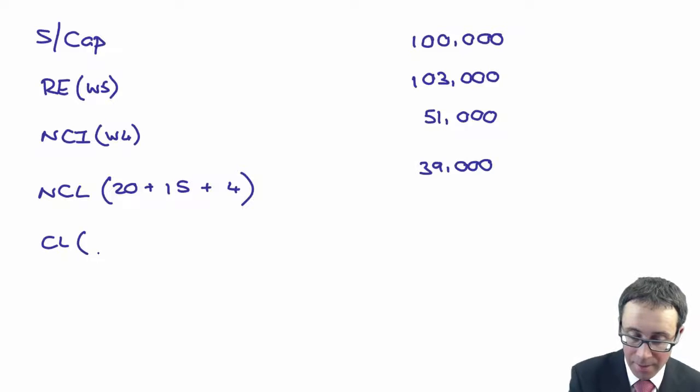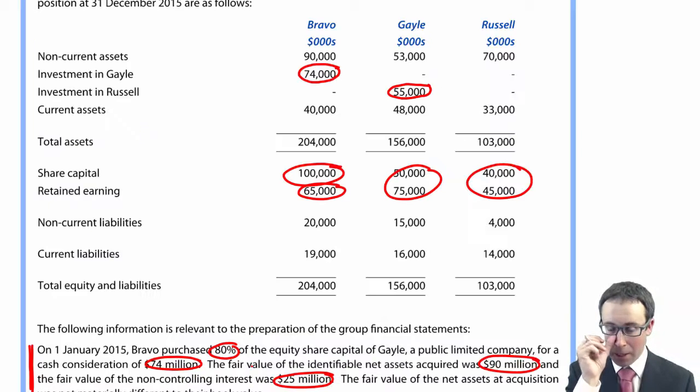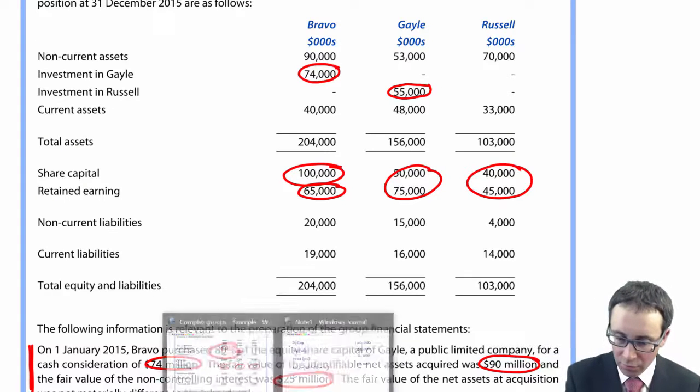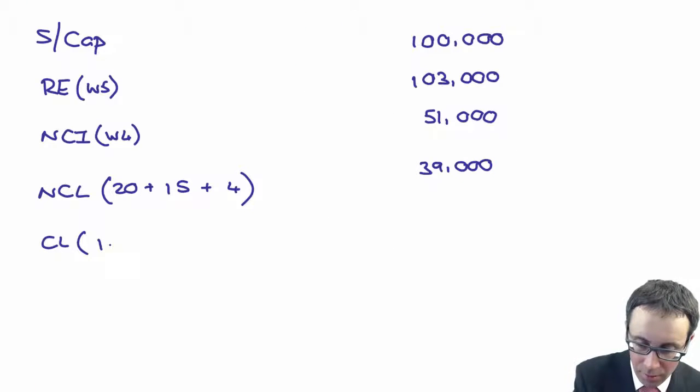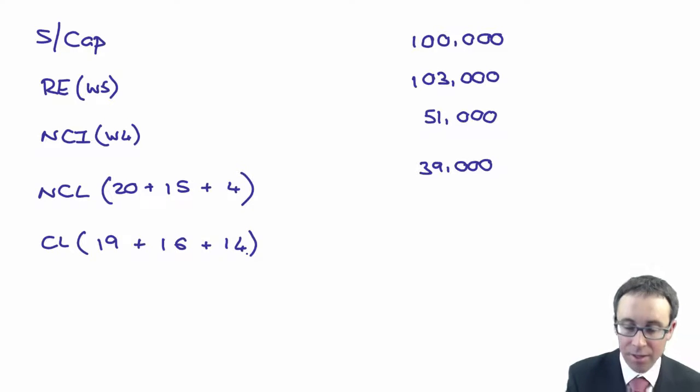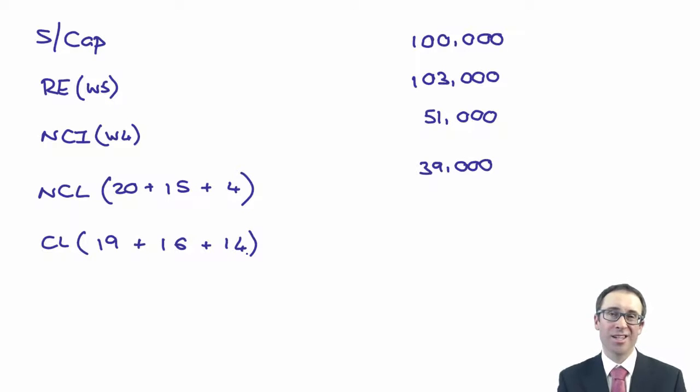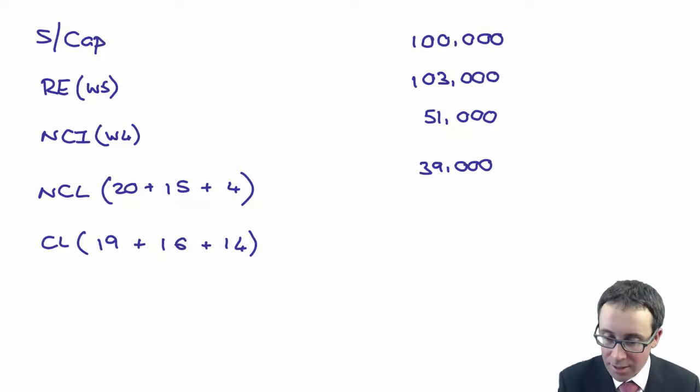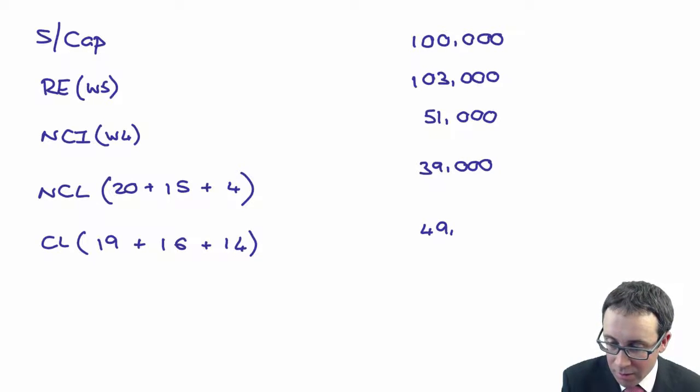And the current liabilities, what do we have? 19, 16 and 14. 19 plus 16 plus 14. 16 and 14, that's nice and easy. That's 30 plus 19, 49, isn't it? So that gives you 49,000.